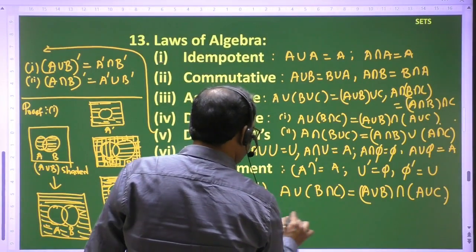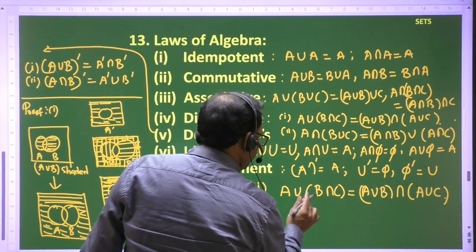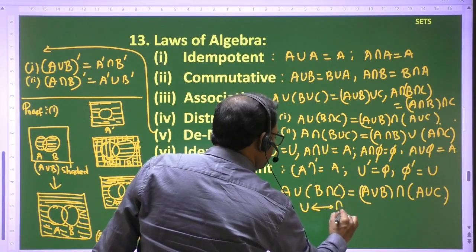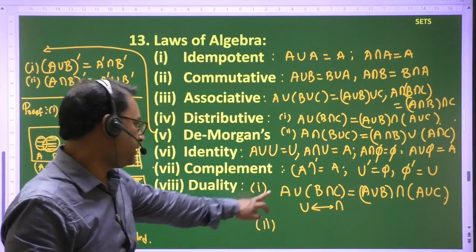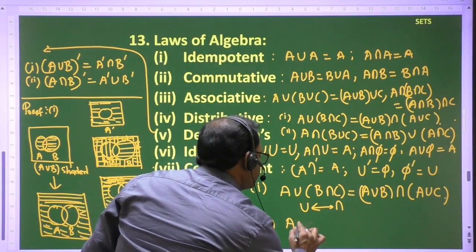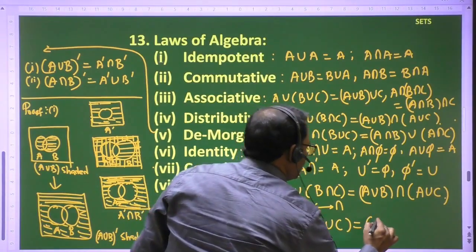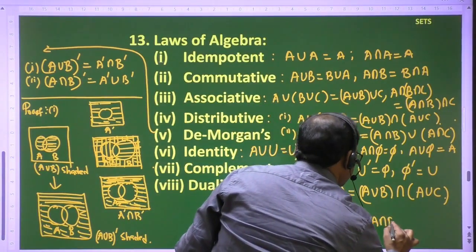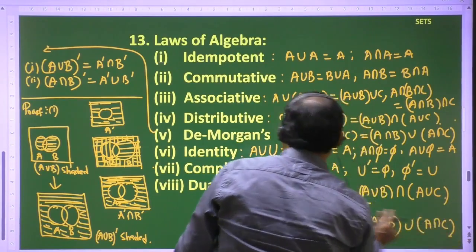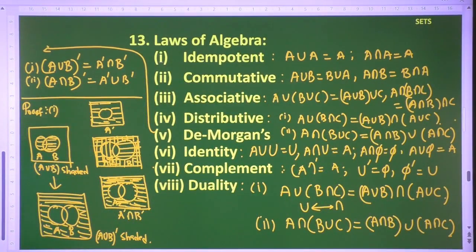Now union becomes intersection and intersection becomes union. In this result, if you put it, you will get A intersection (B union C), which will be (A intersection B) union (A intersection C). So this law is known as the duality law.